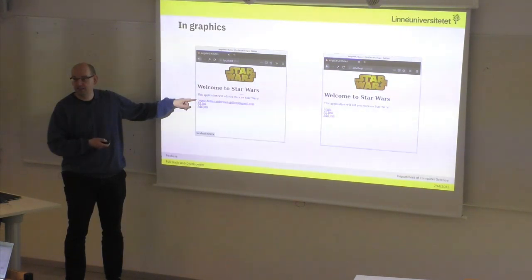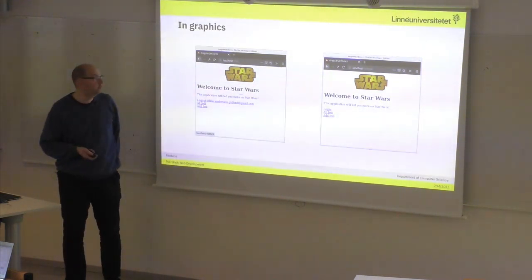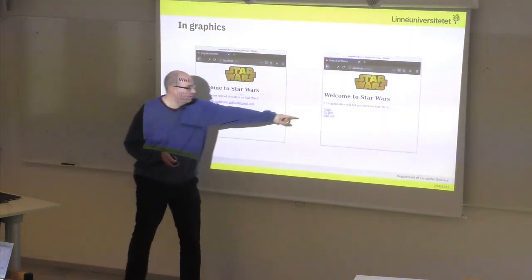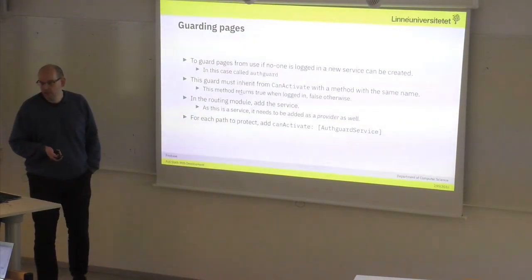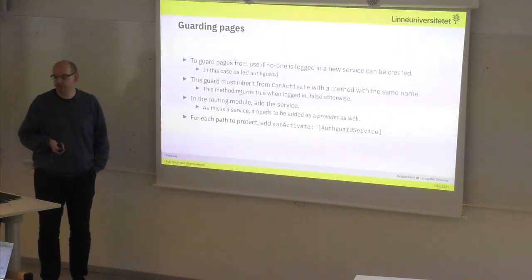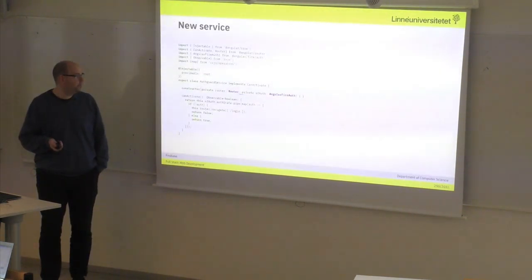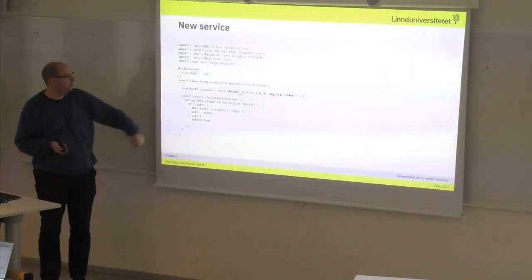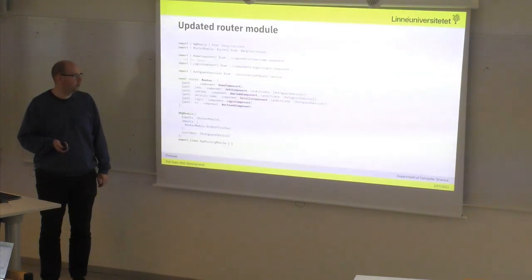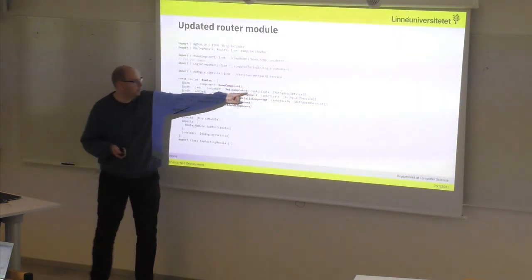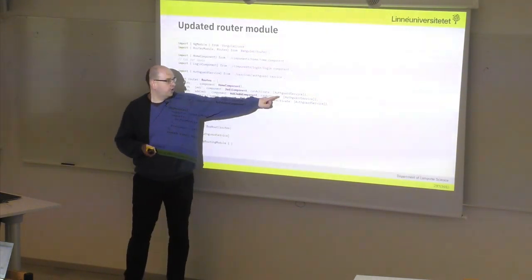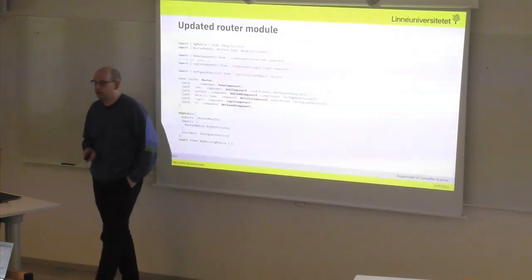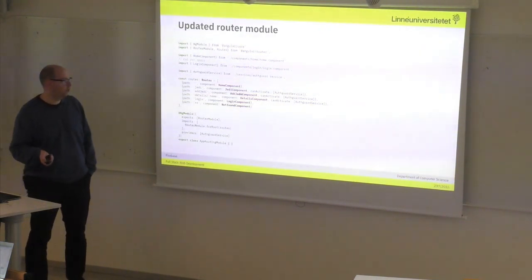This is ugly as sin, but you make nicer things later on. And then we can log in if we're not logged in. And we can guard pages using can activate. We create a new service for this, and we just say that Jedi add and details can only be reached if we are authenticated.